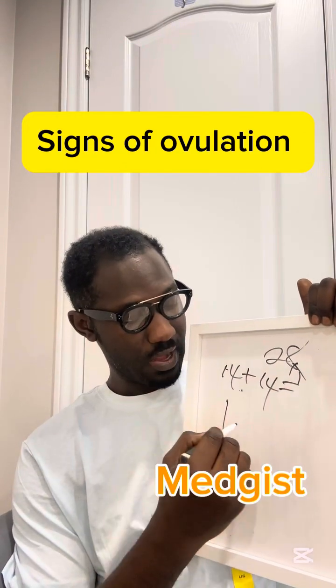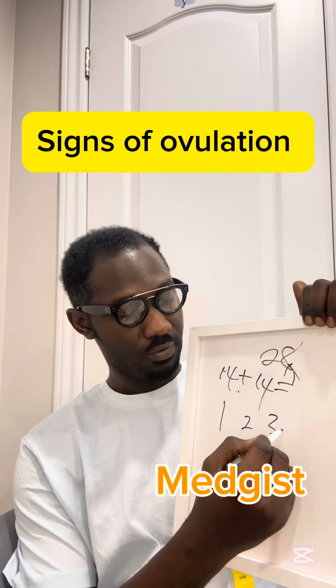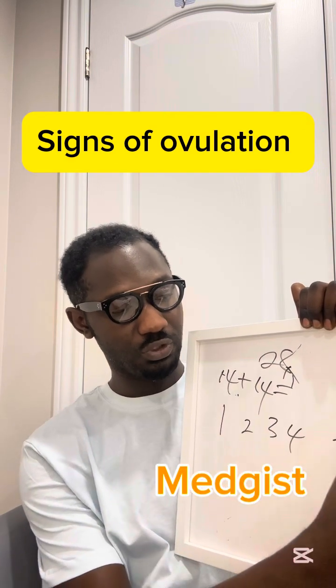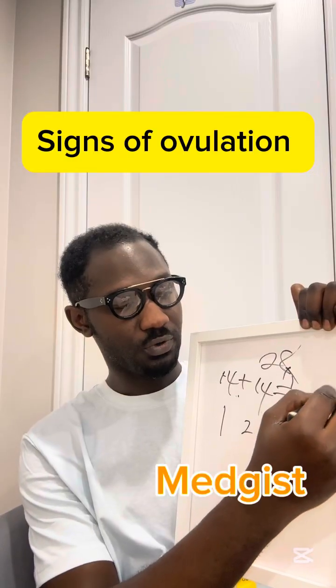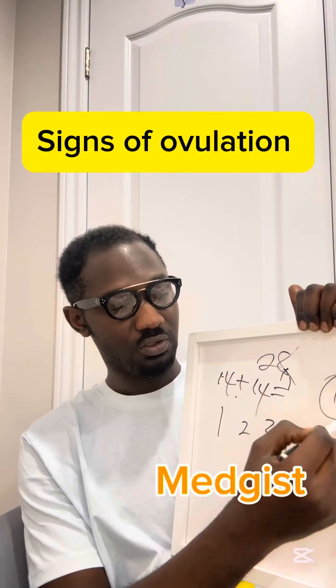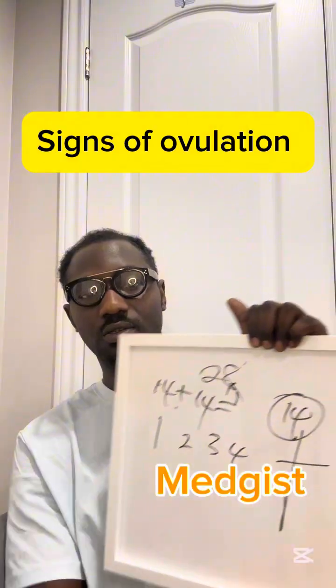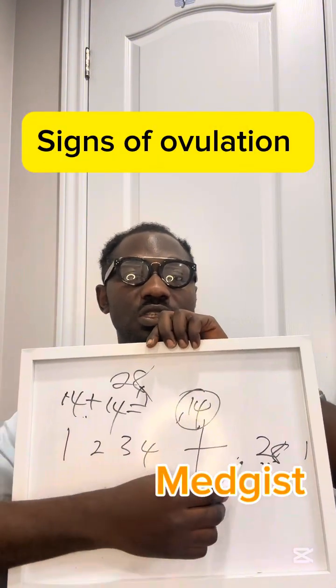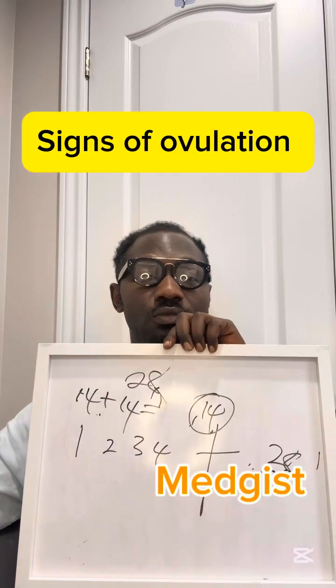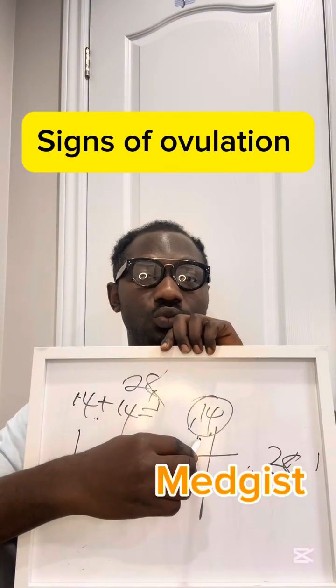If you count 1, 2, 3, 4 till you have 28, the middle, which is the 14th day of this 28 day cycle, is when your ovulation will occur.